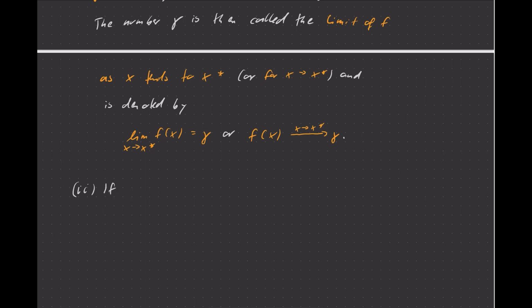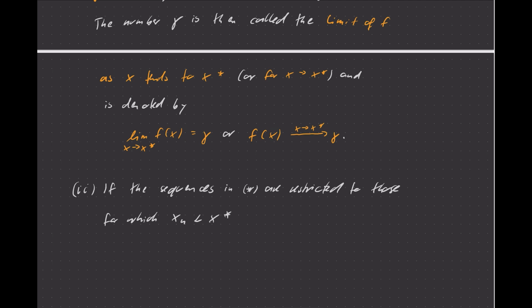So if the sequences in this property star are restricted to those for which either xn is strictly less than x star.